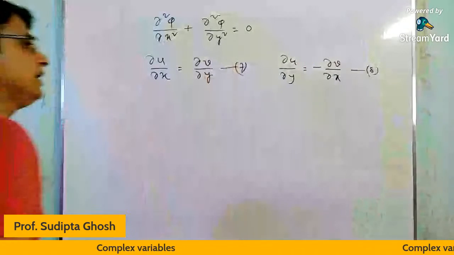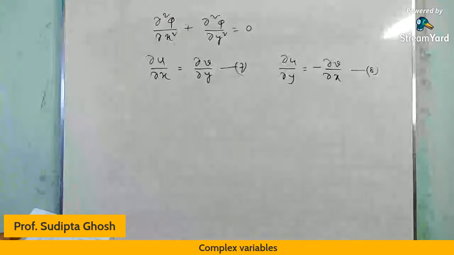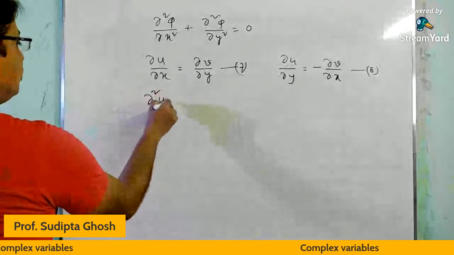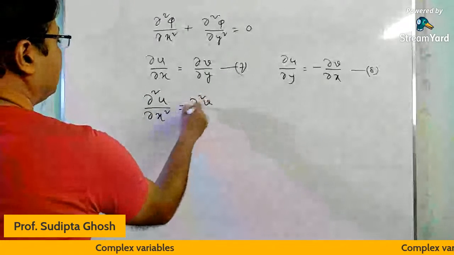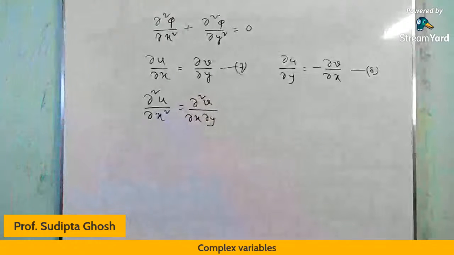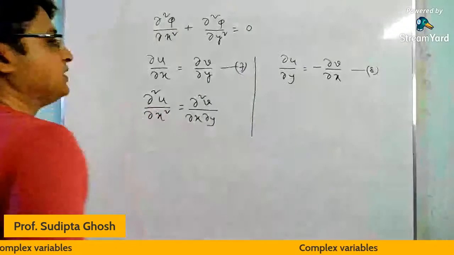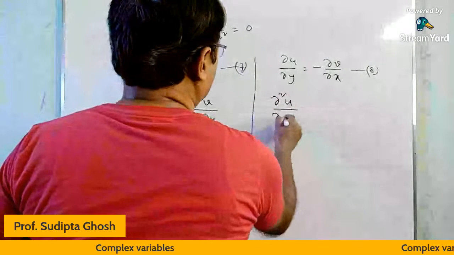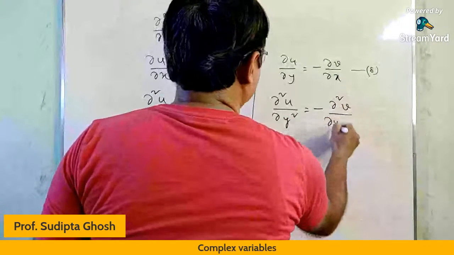Now differentiating equations 7 and 8 with respect to x and y, we will have del 2u/del x2 equals del 2v/del x del y, from differentiating equation 7 with respect to x, and by differentiating equation 8 with respect to y, we will have del 2u/del y2 equals minus del 2v/del y del x.